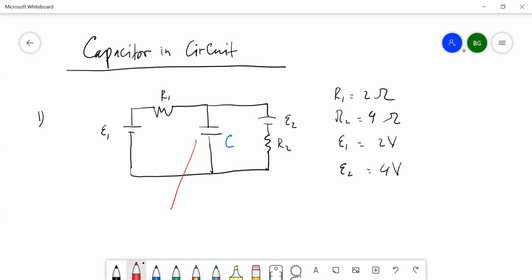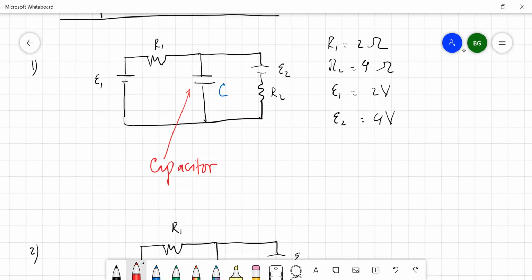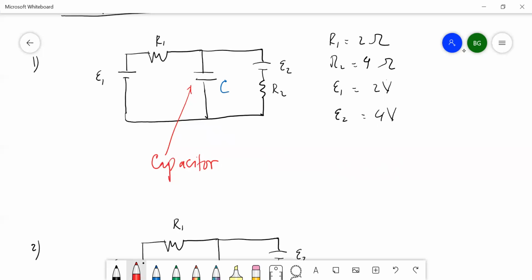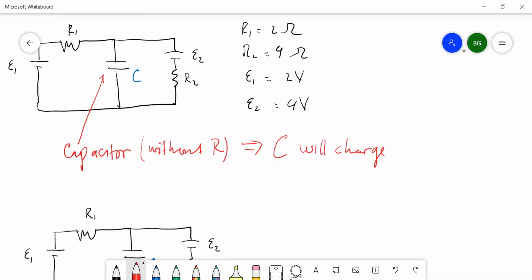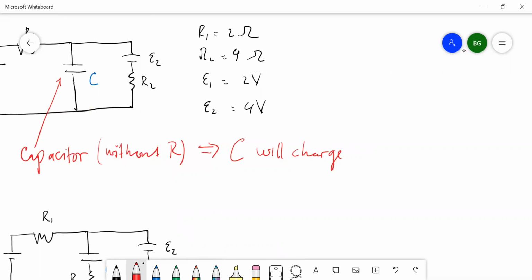Okay, so this one is capacitor. So if only the capacitor, in this case, this is without R, without the resistance or internal resistance of the capacitor, then the capacitor will charge, C will charge simultaneously.